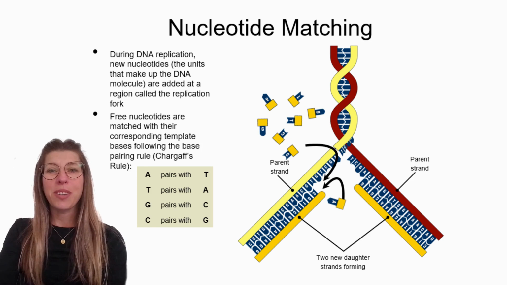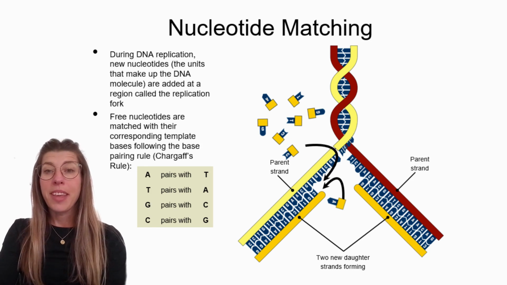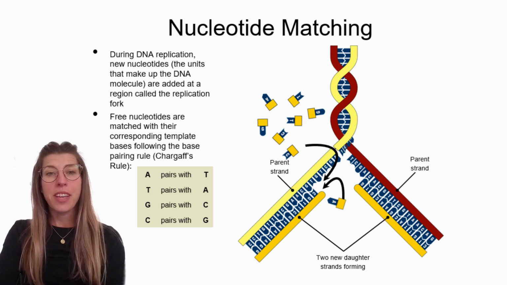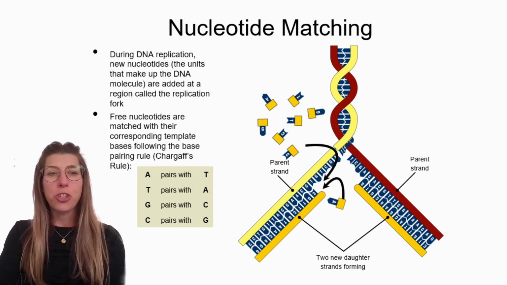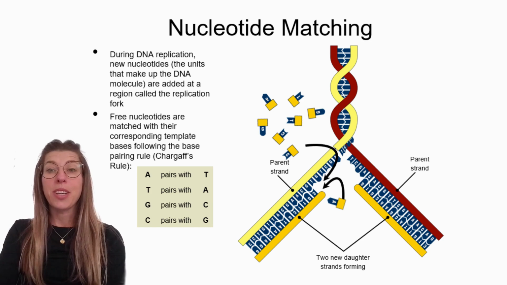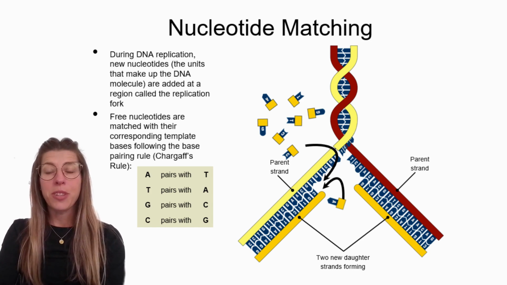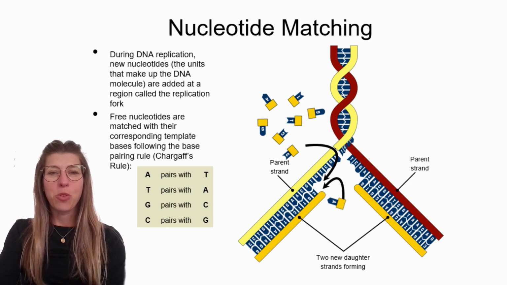And free nucleotides are matched with their corresponding template bases, as we've talked about many times, A with T, G with C. And we follow Chargaff's rule. We mentioned Chargaff yesterday, when he realized that there are always equal amounts of purines and pyrimidines. And this is the rule that he came up with: the A and the T and the G with the C.